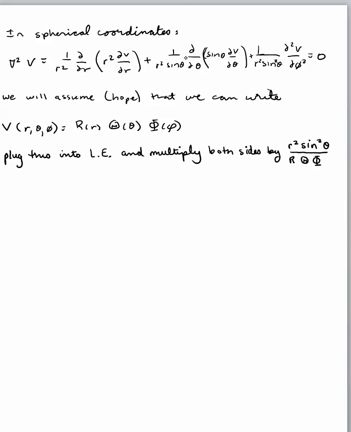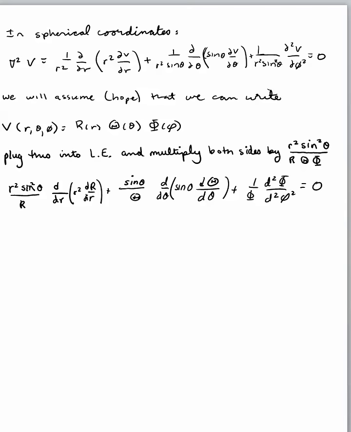And so if you plug this into here and you perform this operation, then you get the following result. And as you look at it, you realize that the variables aren't separated. You think, well, I'll just divide by sine squared, but as soon as you do that, you end up getting a sine squared over here in the phi term. So up front, there's no way to separate the variables completely.